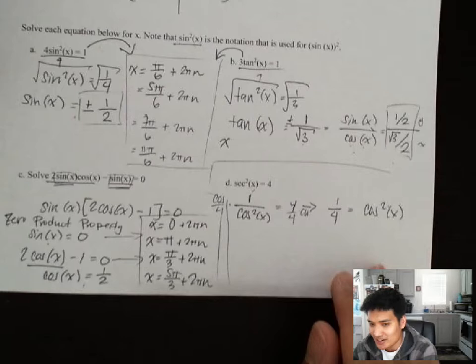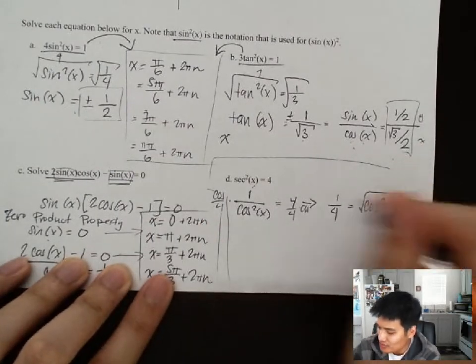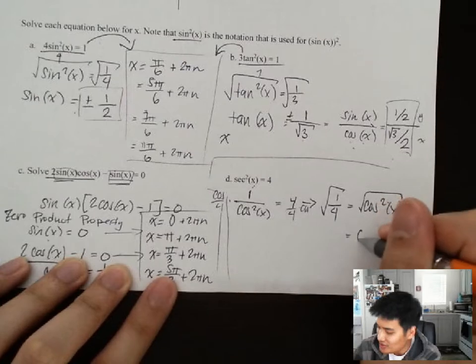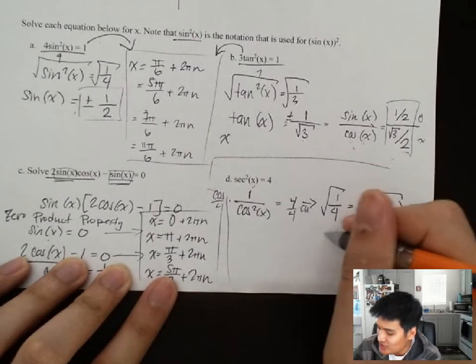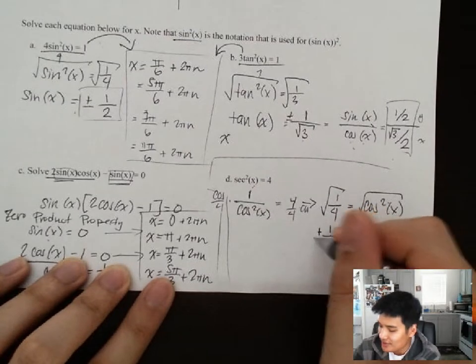It's going to work similarly to these other ones. I would square root both sides. So I end up getting cosine x is equal to plus or minus 1/2.